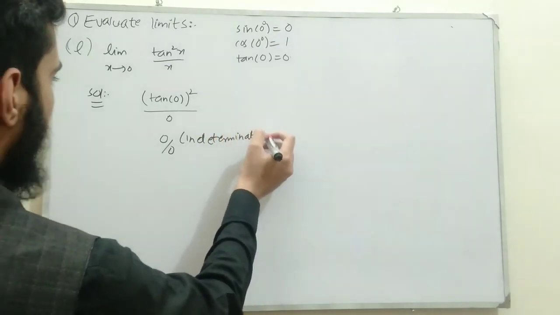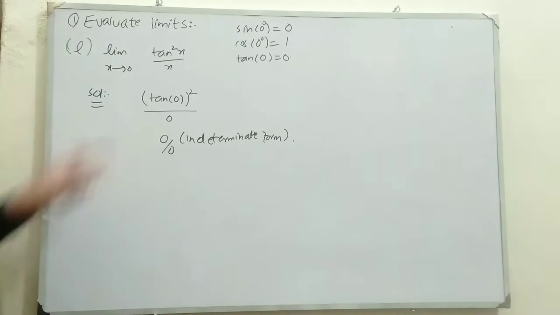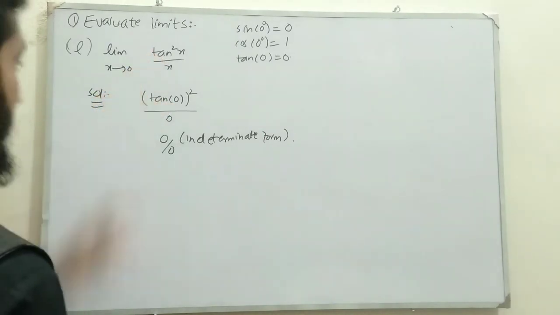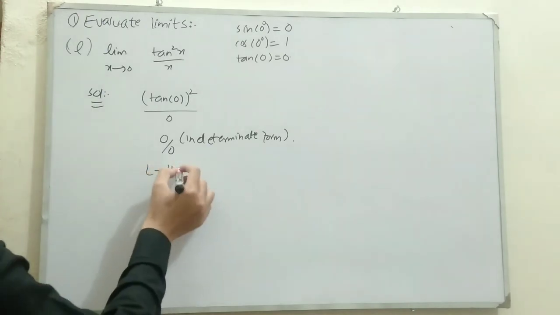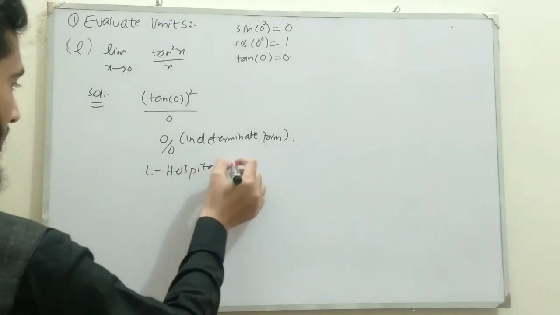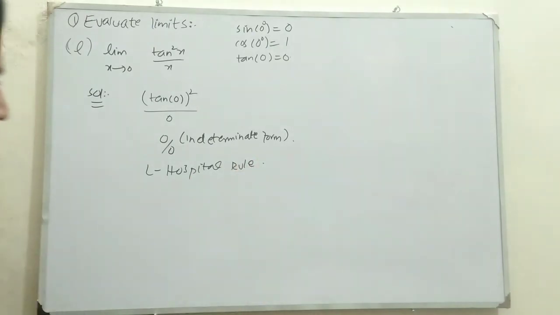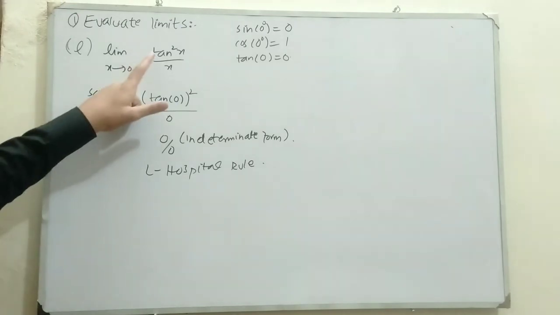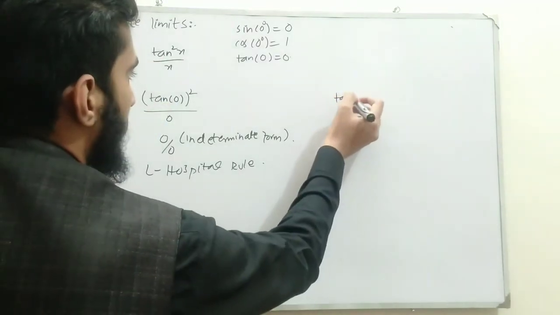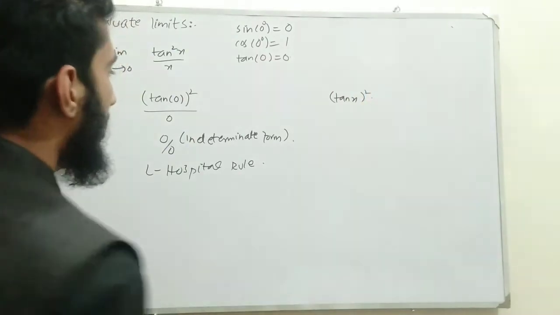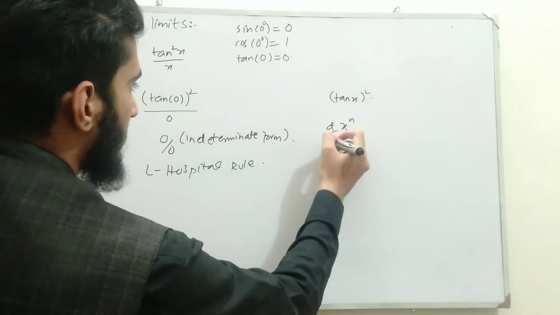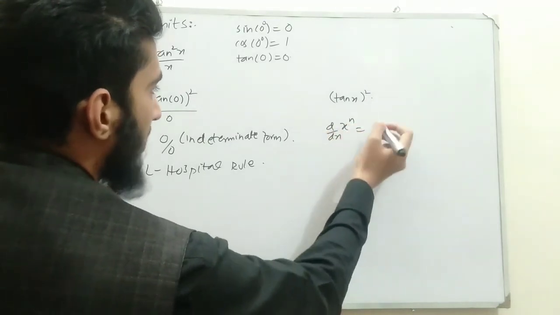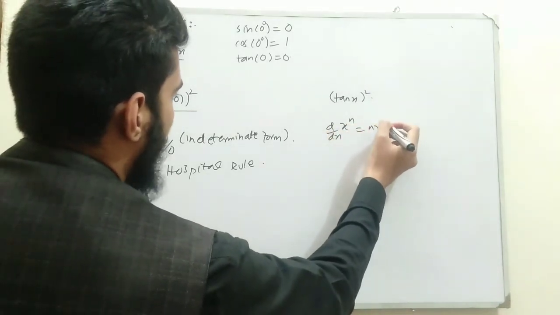So when an indeterminate form comes in a trigonometric limit, since this has a trigonometric function, we will use L'Hospital rule. In L'Hospital rule, we take the derivative of each and every function separately. So the derivative of tangent x whole square will be, we have a formula for the generalized power rule of differentiation: the derivative of x power n is always equal to n times x power n minus 1.